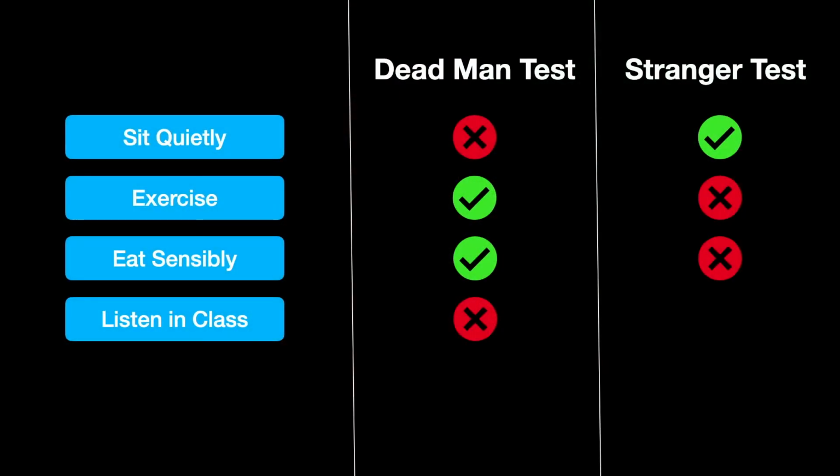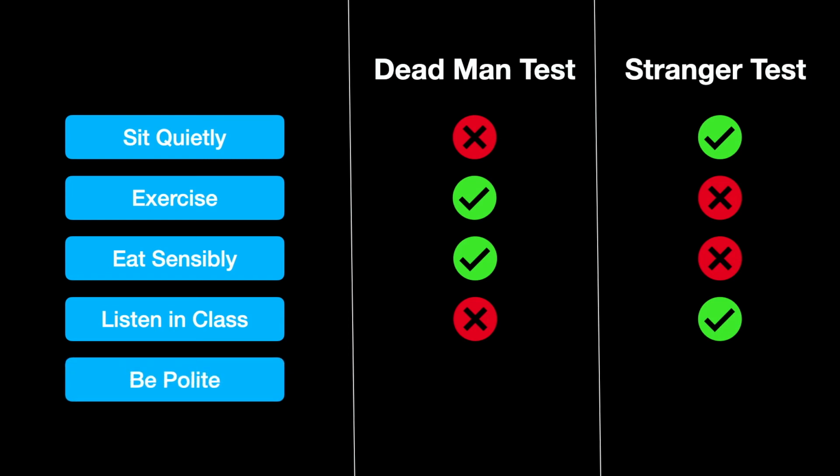I may have someone in my class that doesn't say a word, but they are processing information deeply. Just they're introverted, or that's the way they work. They're busy doing notes, but they wouldn't be an active participant in class in an observable way, but they might be my most active student in class as they quietly think about the material. So we see that listening in class fails the dead man's test, passes the stranger test.